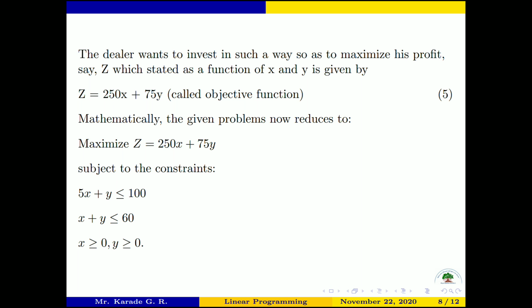So this is the mathematical modeling of the given problem. As z is the profit function, we have to maximize z subject to the four conditions. So this is the mathematical formulation to maximize the profit of the dealer.